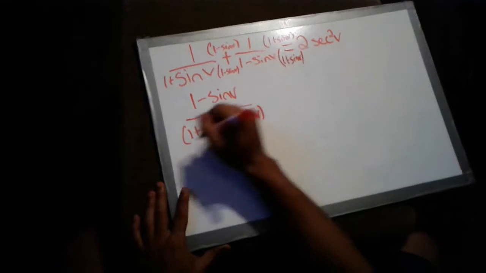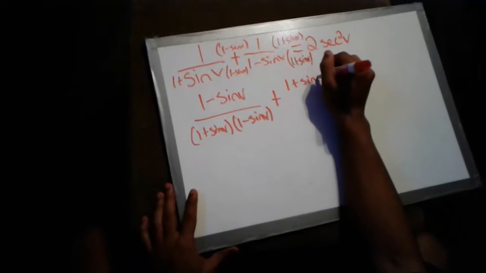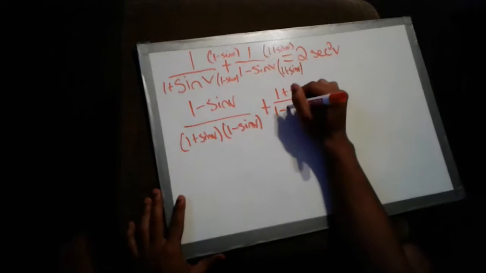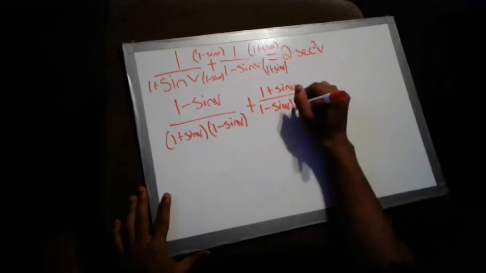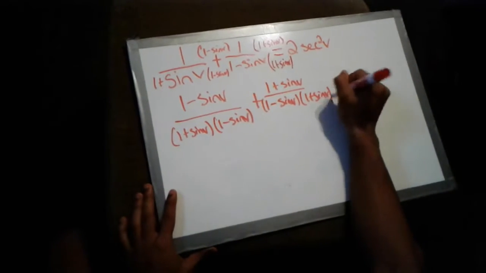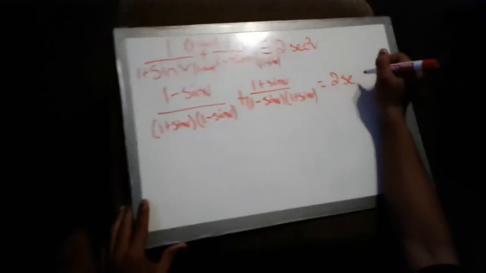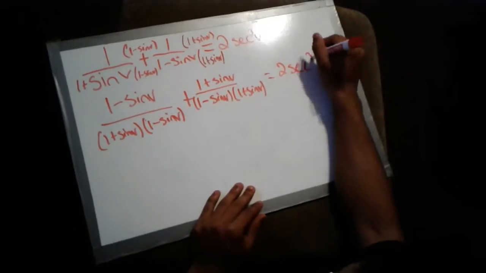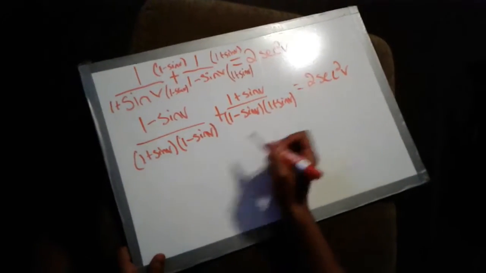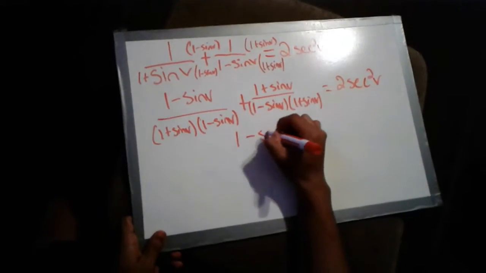And then that whole fraction will be added onto this fraction of 1 plus sine of v over 1 minus sine of v multiplied by 1 plus sine of v, and I will then bring the rest of the equation down, which is 2 over secant squared v.